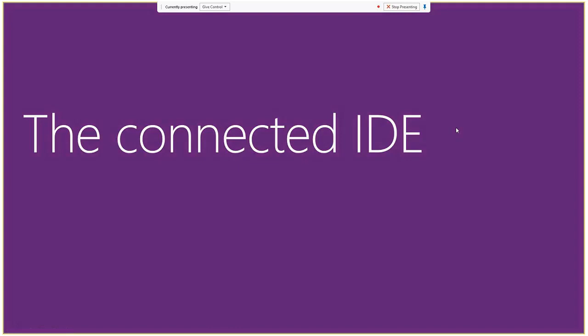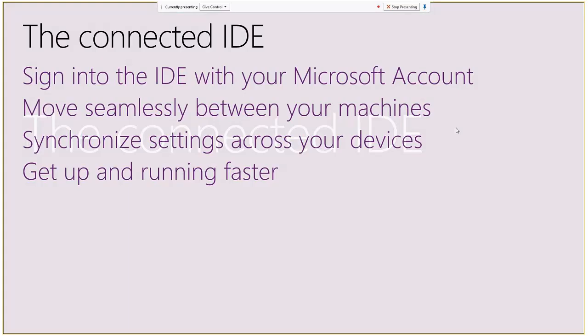But with the connected IDE, you use a single sign-on to the Visual Studio IDE with your Microsoft account. Everything you do on your IDE regarding settings, accounts, and access to Visual Studio Online will be synchronized to your account on Microsoft.